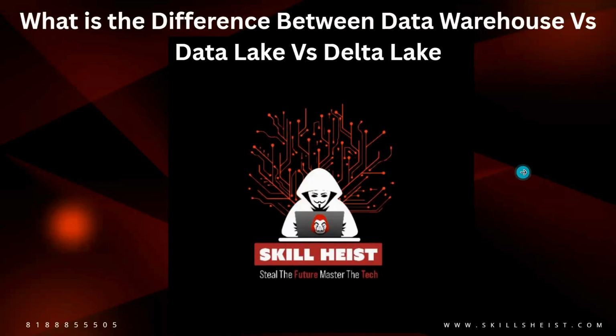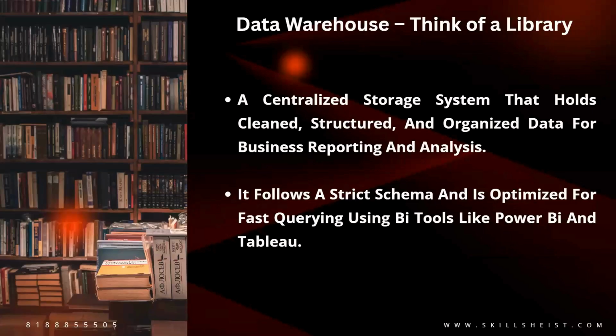So let's first understand the meaning of data warehouse. Imagine you walk into a library, every book is kept neatly on shelf, sorted by language, genre, author, or category. A data warehouse operates in a similar way.